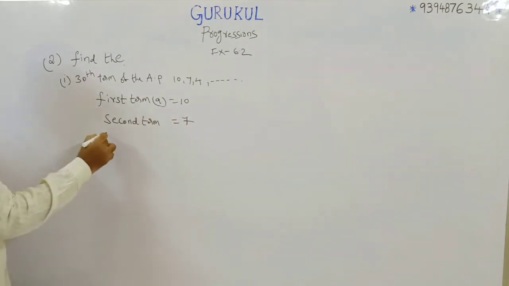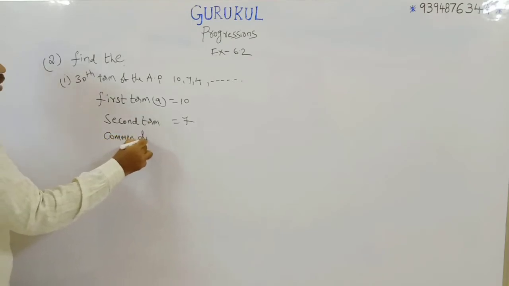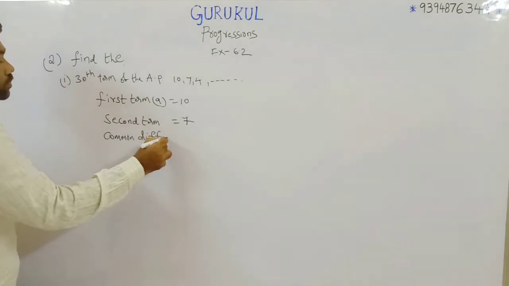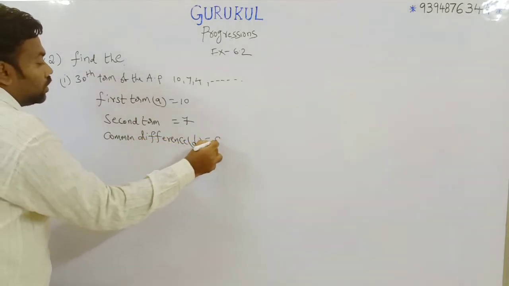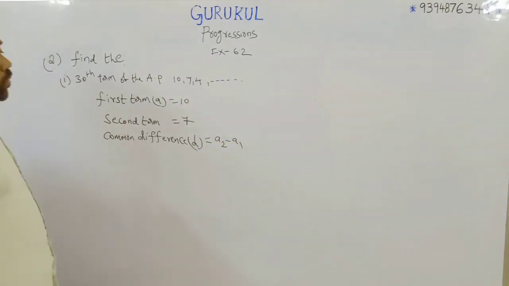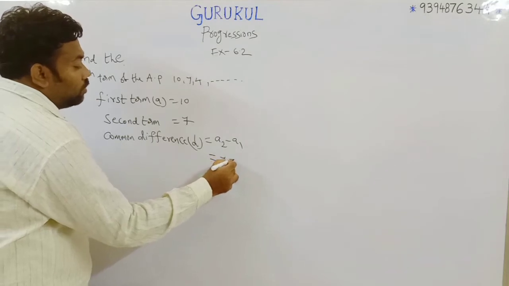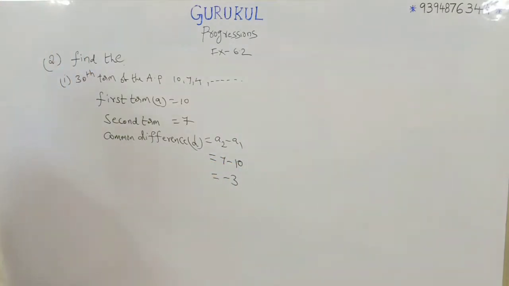Now common difference d equal to a2 minus a1. Here a2 is 7 minus a1 10. 7 minus 10 equal to minus 3. This is the common difference.